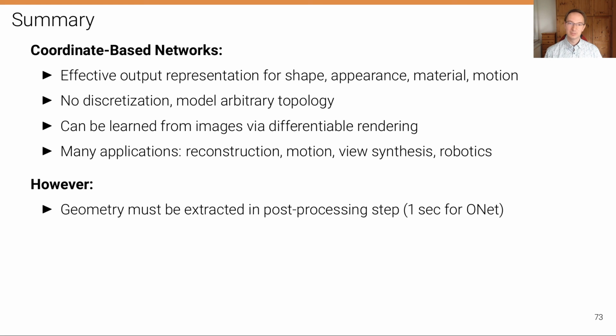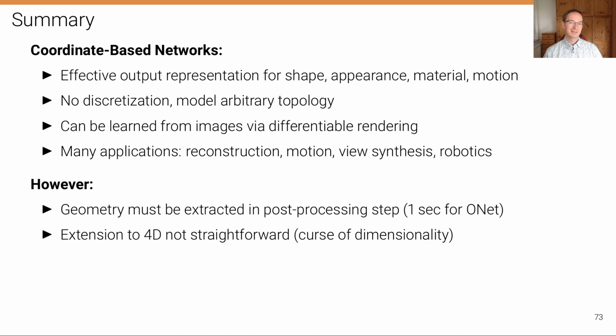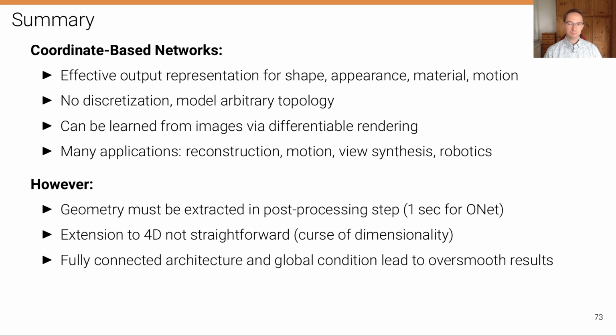However, they are implicit. That means certain properties such as geometry must be extracted in a post-processing step, which takes some time. And extension to higher dimensions is not necessarily straightforward due to the curse of dimensionality. We've also seen that the fully connected architecture and the global conditioning lead to over-smooth results and also the low dimensionality of the input.